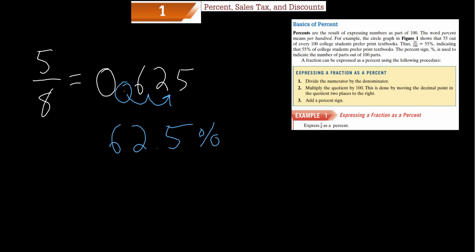What we need to do here is move the decimal point two places to the right and attach a percent sign. It's the same thing we did in the first example, except we're starting with the decimal, not a fraction. Like we had 5/8 and went to a decimal, and then took the decimal and put it in a percent. Once we have the decimal, that stuff's pretty easy. Like I said, you can do it this way, and we will for this section.